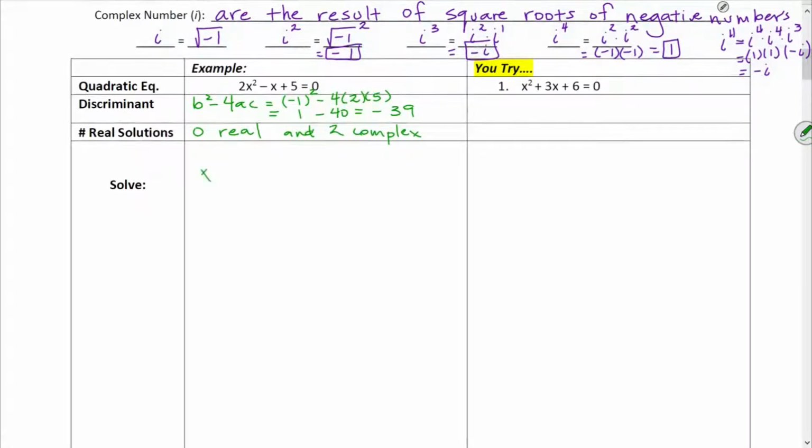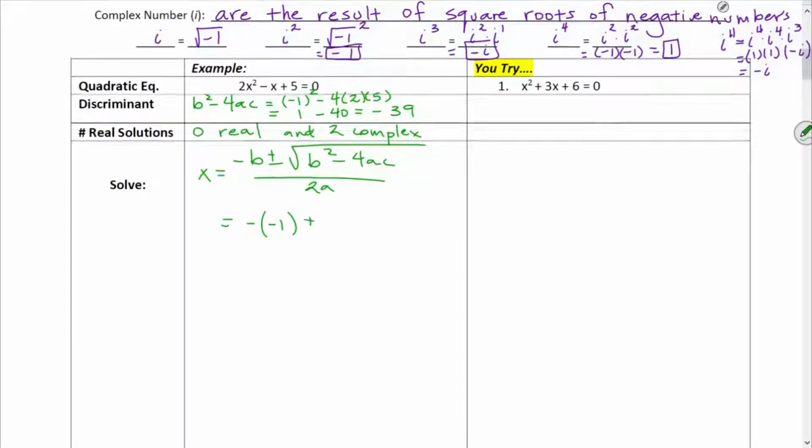I get x equals, the quadratic formula is -b plus or minus the square root of b squared minus 4ac all over 2a. So plugging all those numbers in, I get negative, well, what's this here? So it's negative b, and b is -1. So be careful about that negative sign. Plus or minus the square root of b squared minus 4ac.